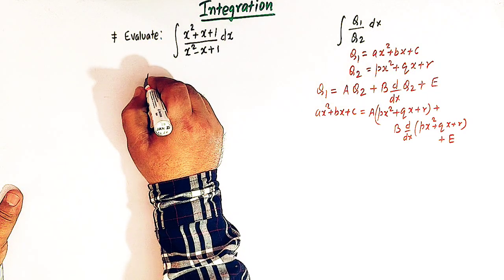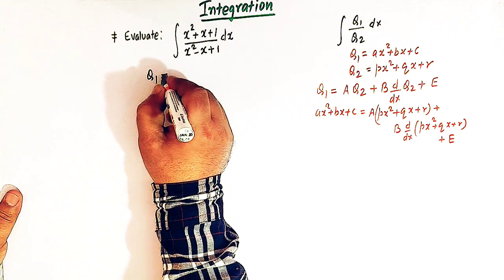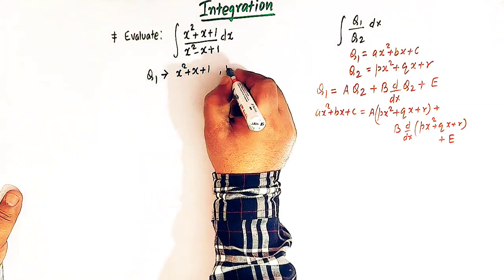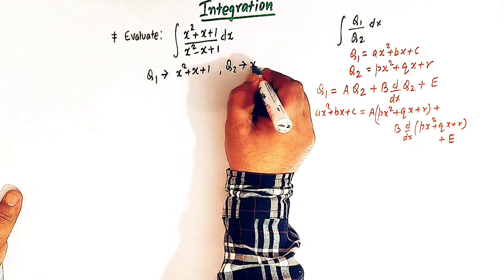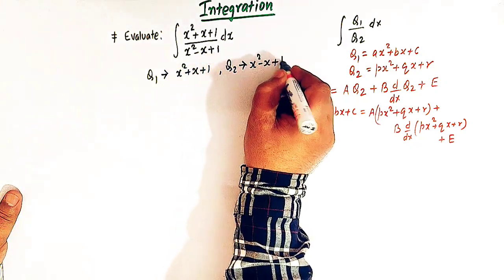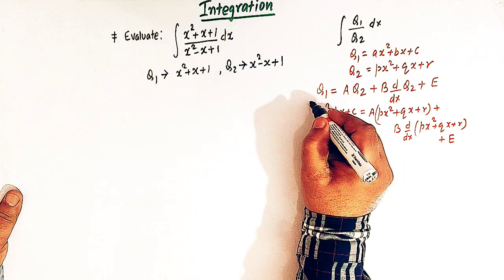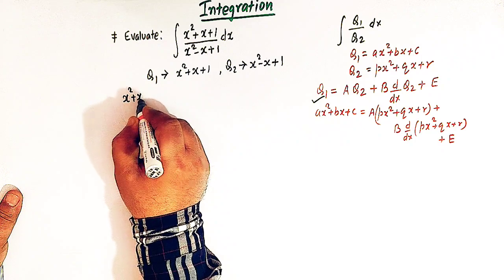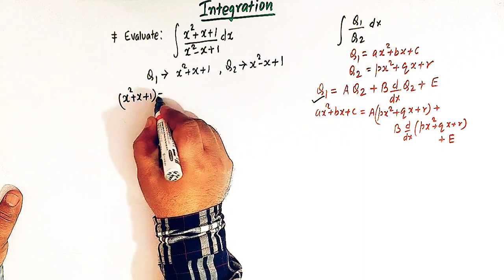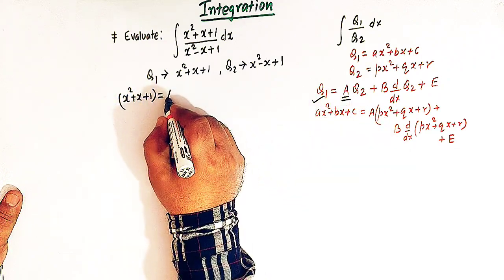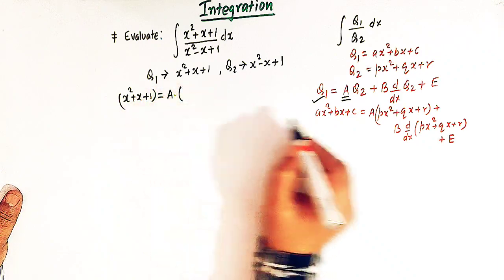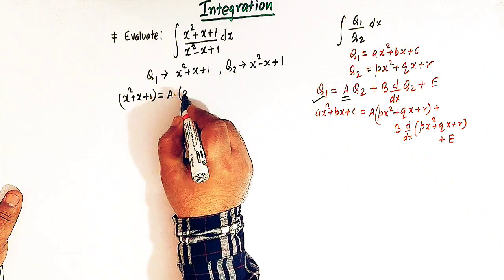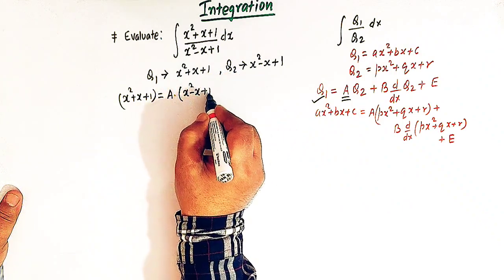Okay, so here our q1 is x square plus x plus 1, and q2 is x square minus x plus 1, right? So let us use this expression. q1 is x square plus x plus 1, and then we have the constant a times the quadratic polynomial q2, x square minus x plus 1.